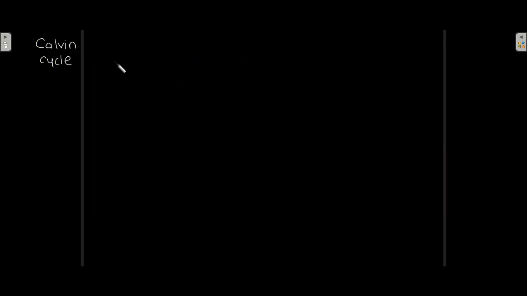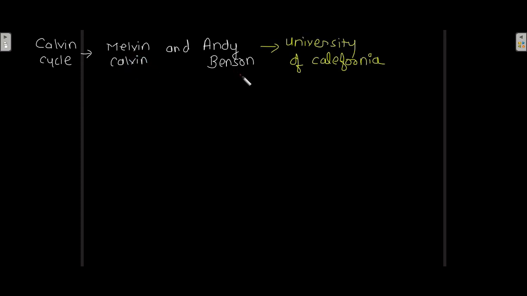The Calvin cycle was discovered by Melvin Calvin and Andy Benson at the University of California, and these two scientists won a Nobel Prize for this discovery.